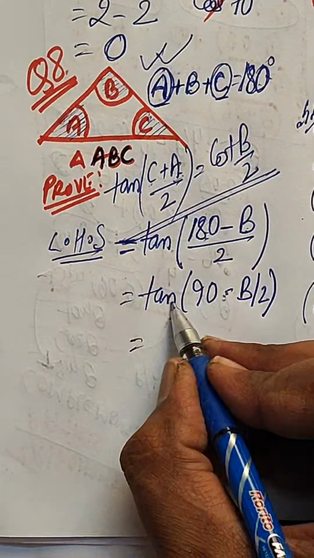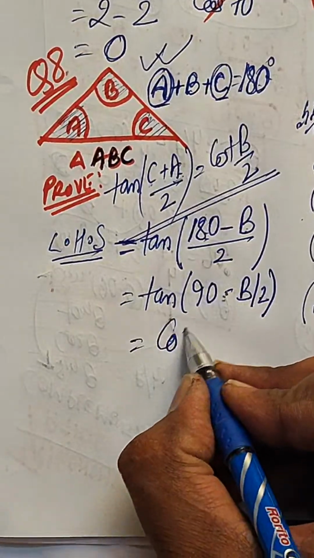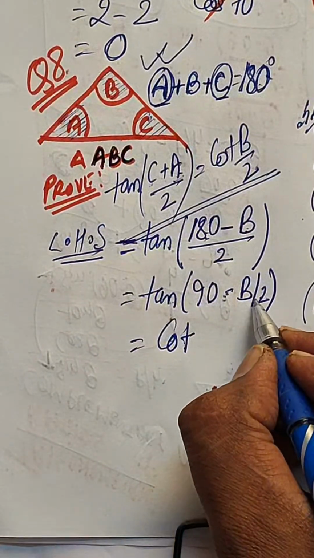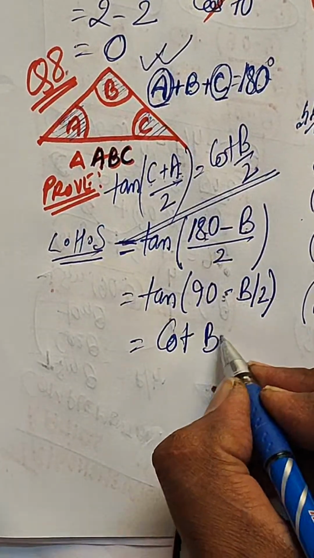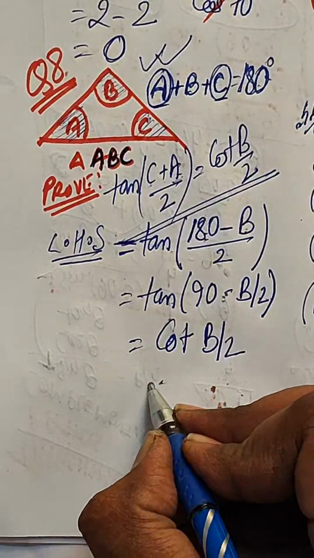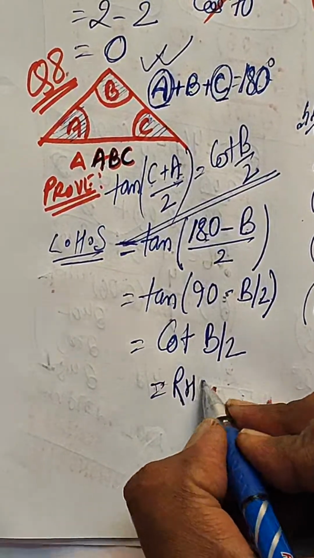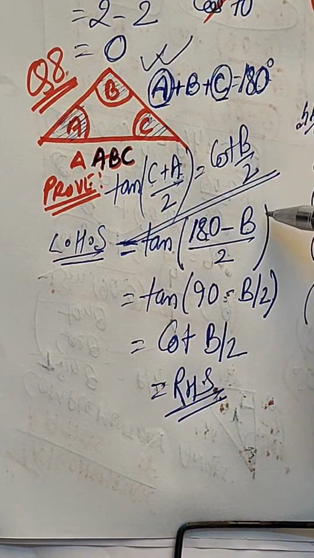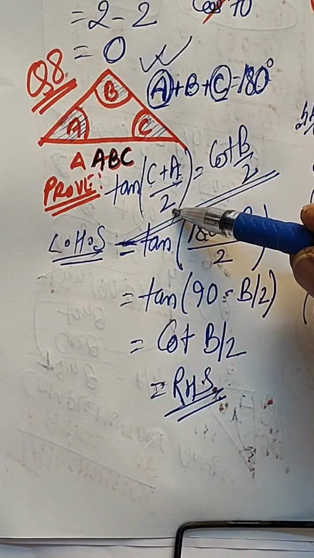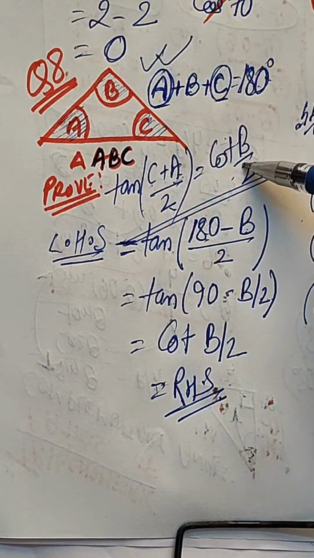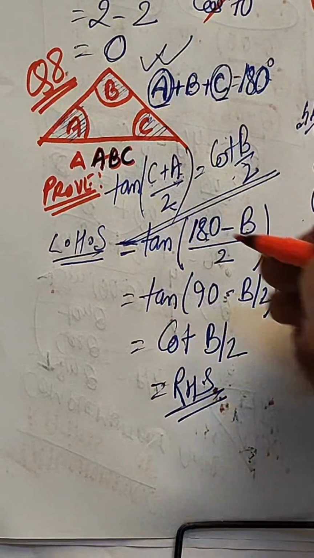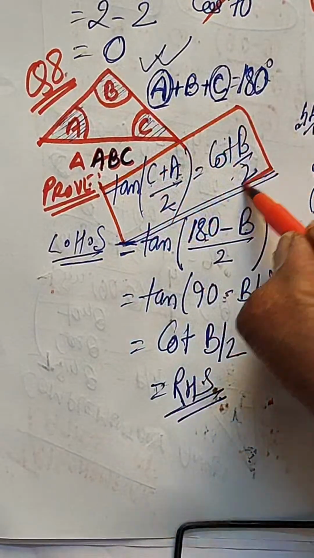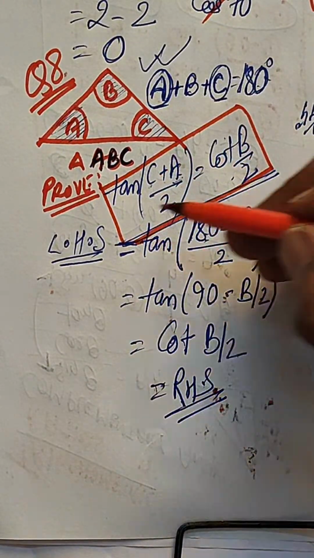Tan 90 minus theta is cot theta, and theta is nothing but B by 2. So it's cot of B by 2, which is the value of your RHS. In this way, we have proved that tan of C plus A by 2 is equal to cot B by 2. Proved.